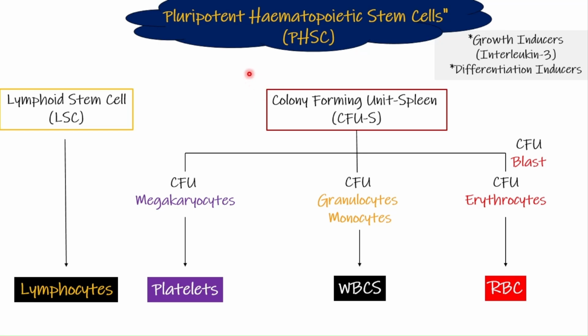Basically, behind these we have pluripotent hematopoietic stem cells. These cells are growing and multiplying, and they are also differentiating into different types. So two things are happening: growth of the cells and differentiation of the cells. For growth and differentiation, we need some supportive substances.